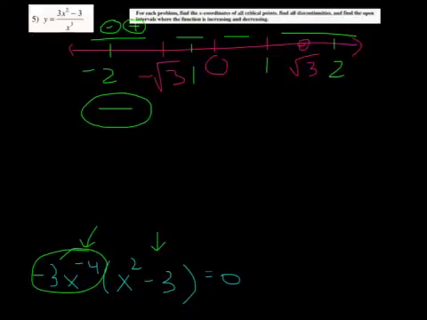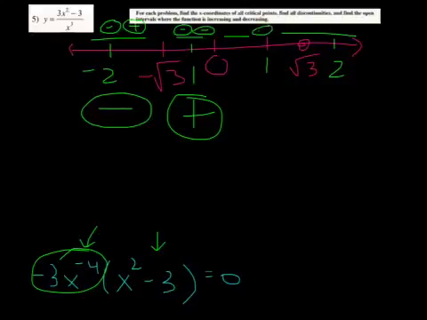And then for the next interval, we choose -1, we plug it in. It'll still be negative. And then for the second one, it'll be a negative as well. So negative times a negative is a positive for this interval. So the next one, when you plug in 1, it will be another negative, and then another negative.